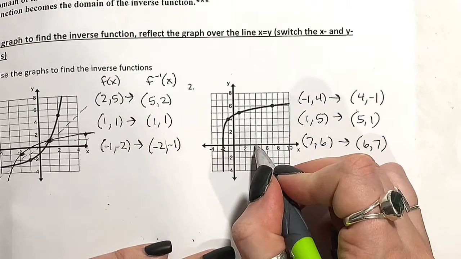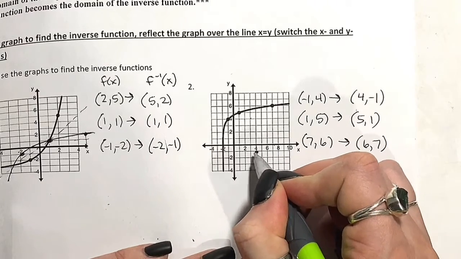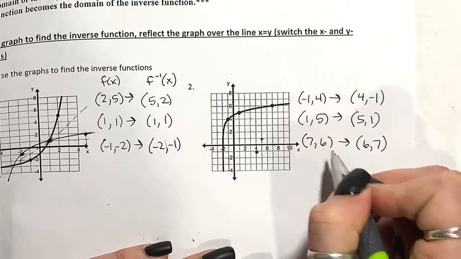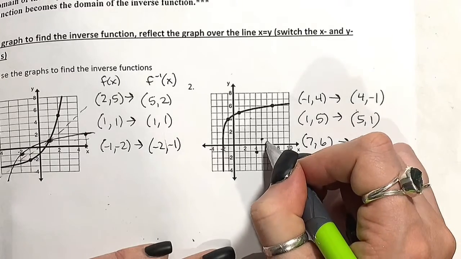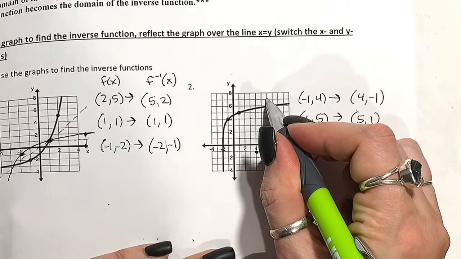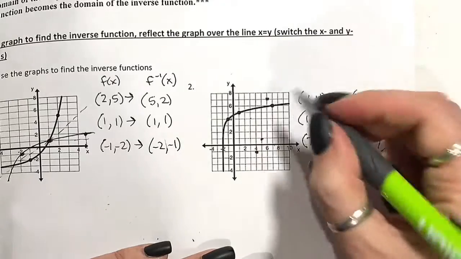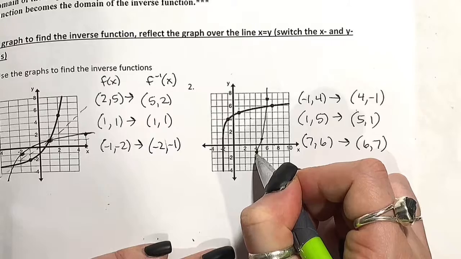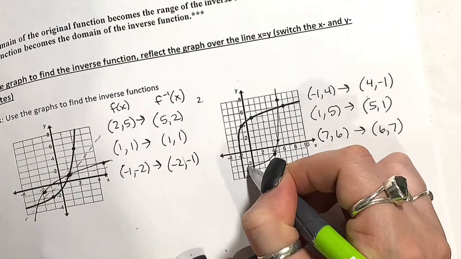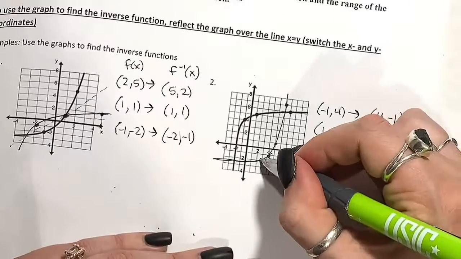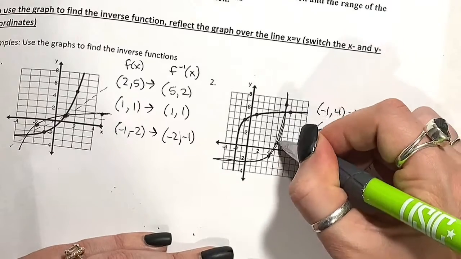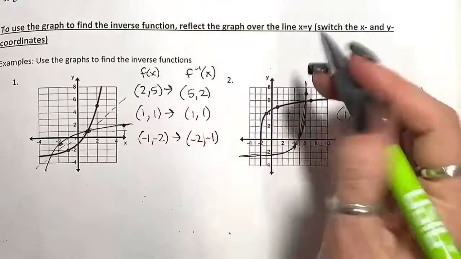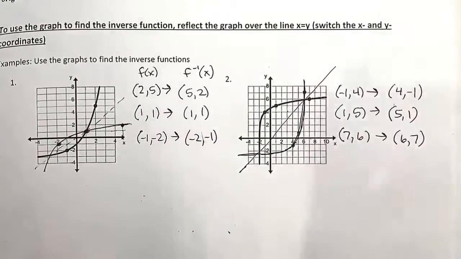We're going to go over 4, down 1. Over 5, up 1, and then over 6, up 7. And then we're going to just connect our dots, and I am so bad at doing that and making it look good. So something like that. Again, on the computer, it will do it nice and pretty for you. But you should see that reflection, how it reflects across that diagonal line.